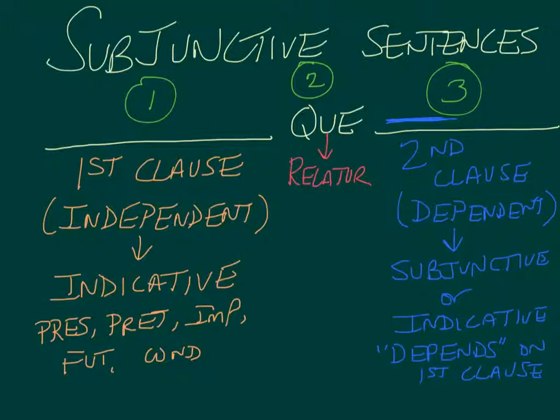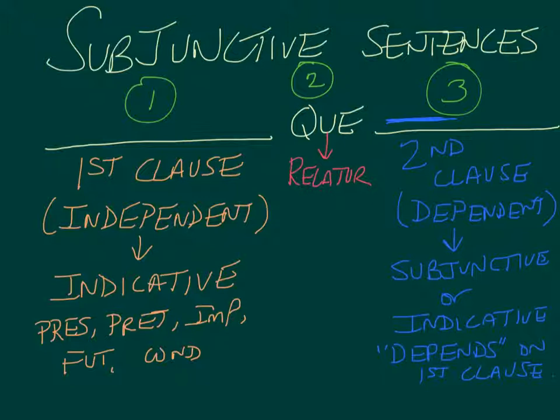That way you can identify everything that comes before the "que" is in the independent clause, and everything that comes after the "que" is the second clause, which is also known as the dependent clause. Dependent is a very good word to describe this clause because whether or not we use the subjunctive or the indicative in the second clause depends upon what the first clause says.